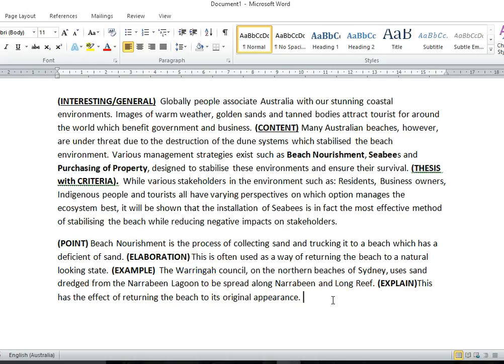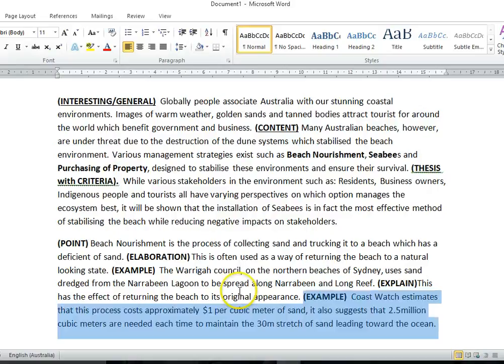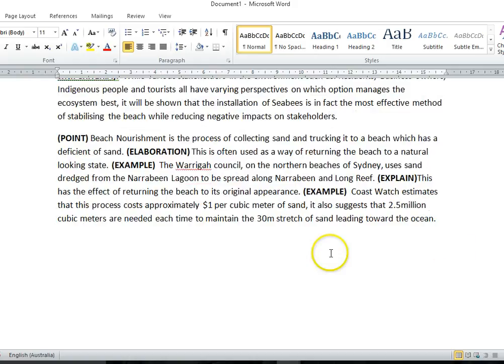Now, because we're smart students, one example is not enough. We've done a lot of research, we've studied hard, we have more examples to include. So in fact, we're going to include another example. And this is, Coastwatch estimates that this process costs approximately $1 per cubic metre of sand.